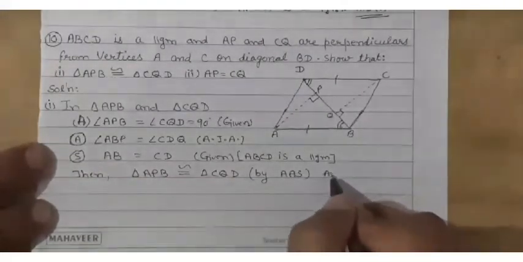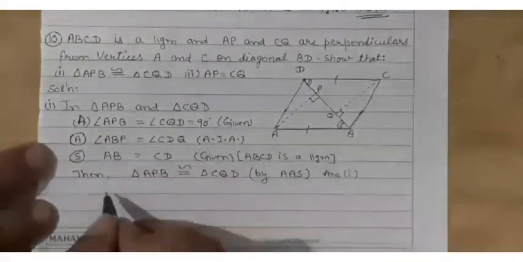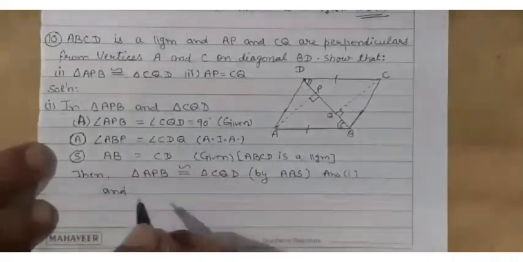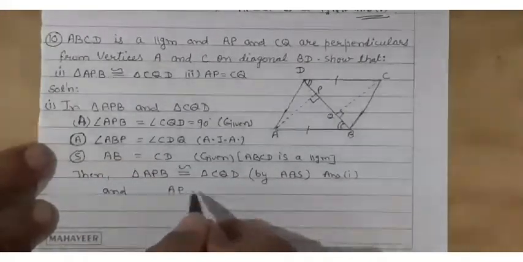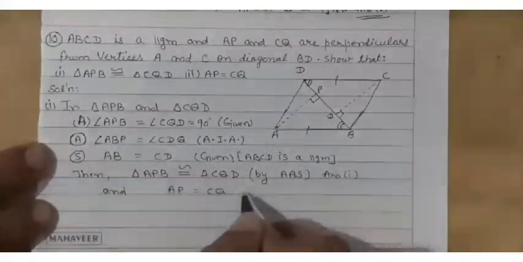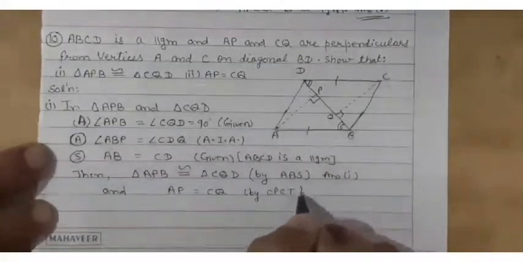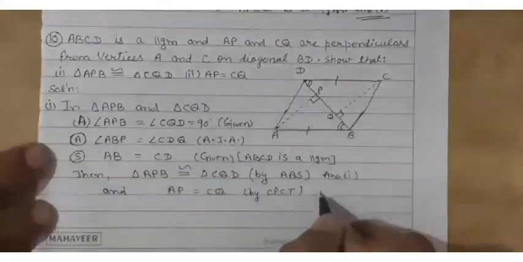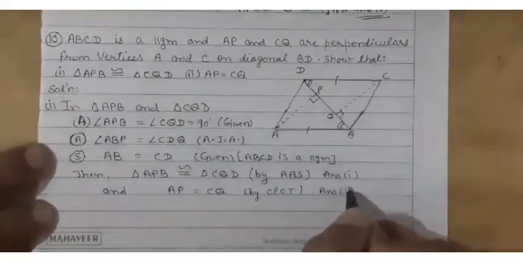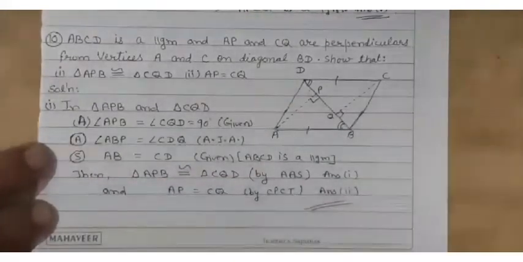This is your answer number 1. And with the help of this, AP is equal to CQ, by CPCT, corresponding parts of congruent triangles. This is your answer number 2. That's all of it.